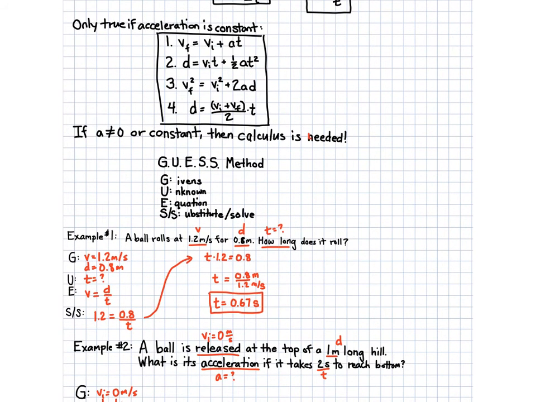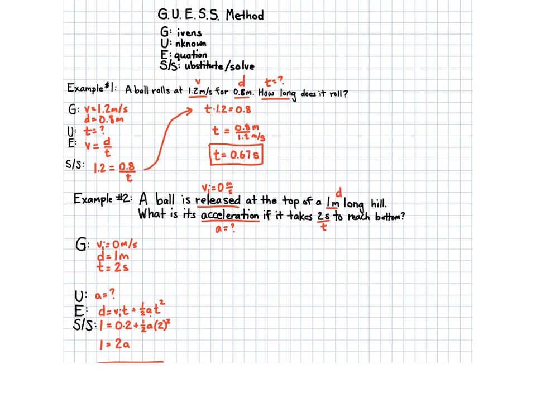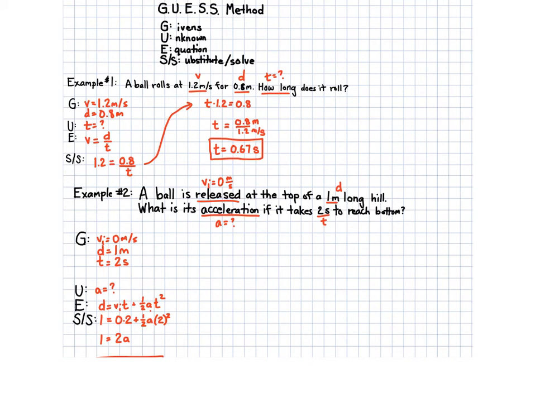A ball is released at the top of a 1 meter long hill. What is its acceleration if it takes 2 seconds to reach the bottom? Go ahead, write your givens and unknowns first, and then see if you can pick an equation. Okay, so for this one, I've got released means your initial velocity is 0.